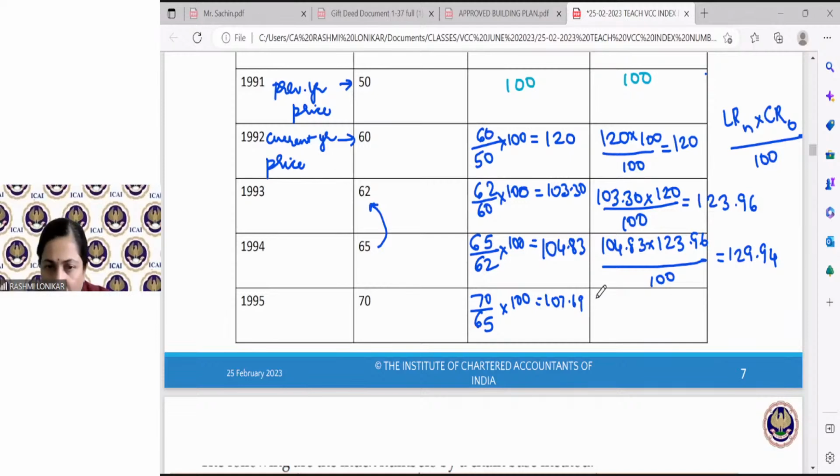And now I have to multiply this 107.69 with 129.94. 107.69 multiplied by 129.94 is how much? 139.93.